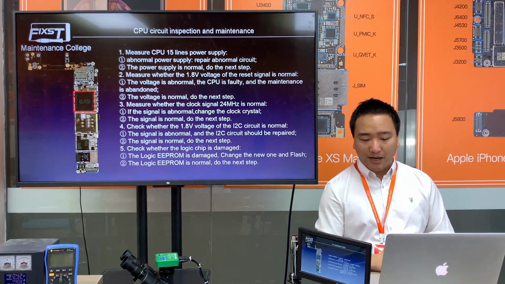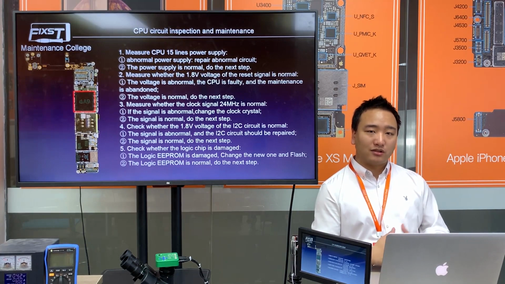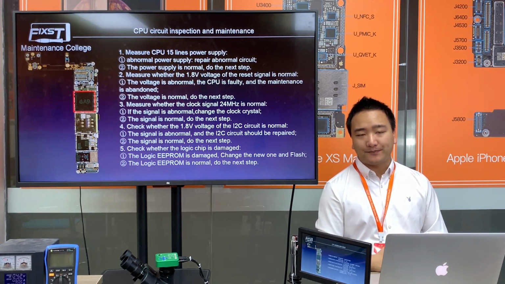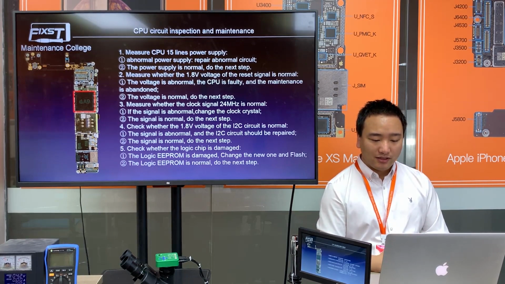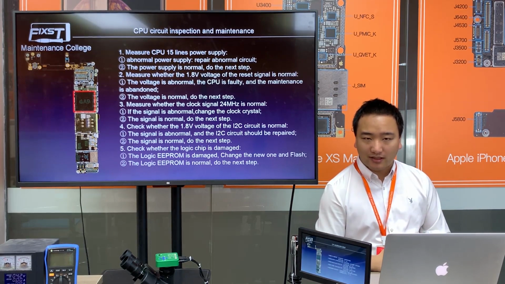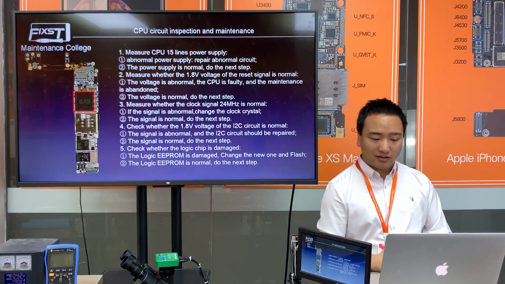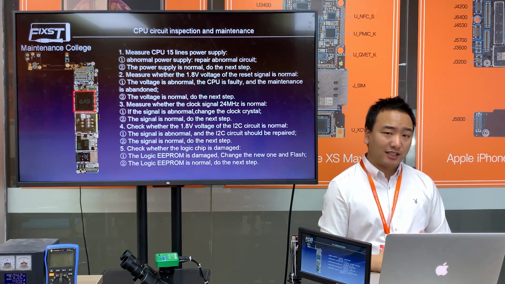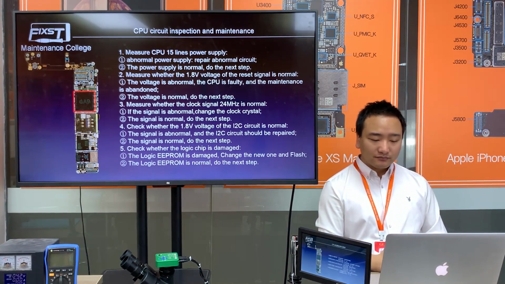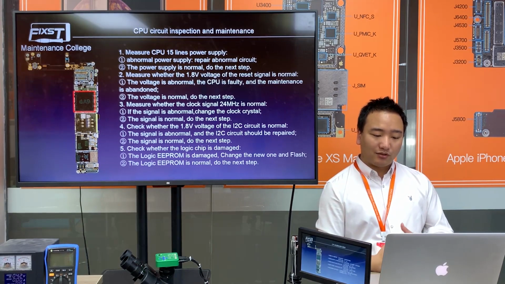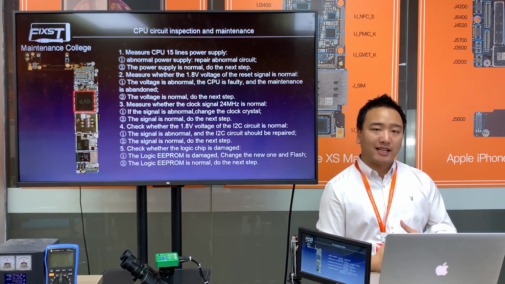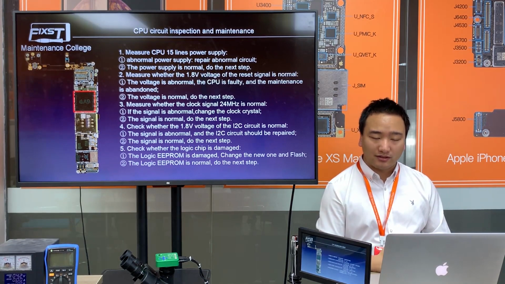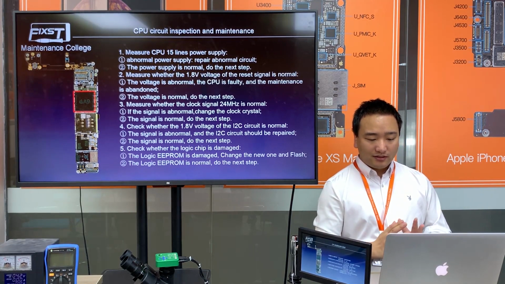And the number three, we need to detect the clock signal. The clock signal is the same as the PMU clock signal, just the frequency is different. The PMU clock signal is 32.768 kHz, but the CPU uses 24 MHz. The working principle is similar.